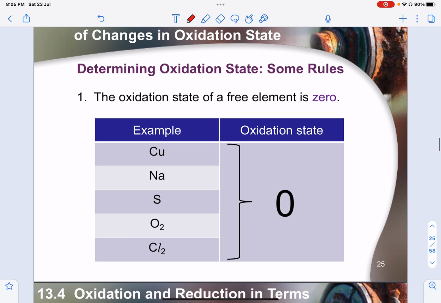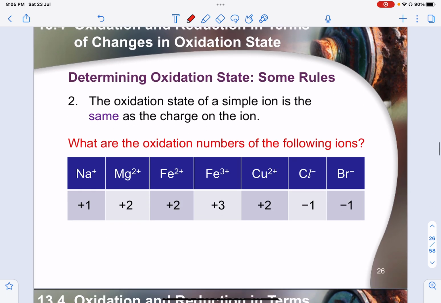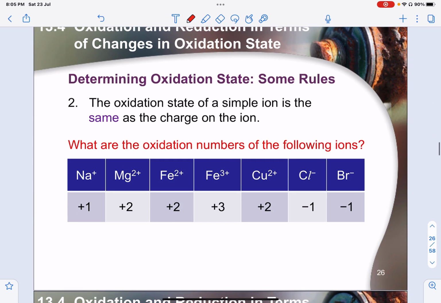So when we look at it, the overall charge for all these is actually neutral, so it has an oxidation state of 0. However, as we can see, some of them are already able to form an ion. Therefore, the oxidation state of a simple ion is exactly the same as the overall charge. So let's say sodium Na plus will be +1, Mg2 plus is +2, etc.